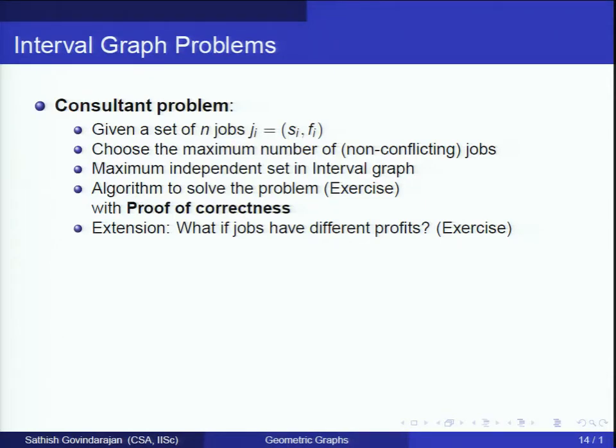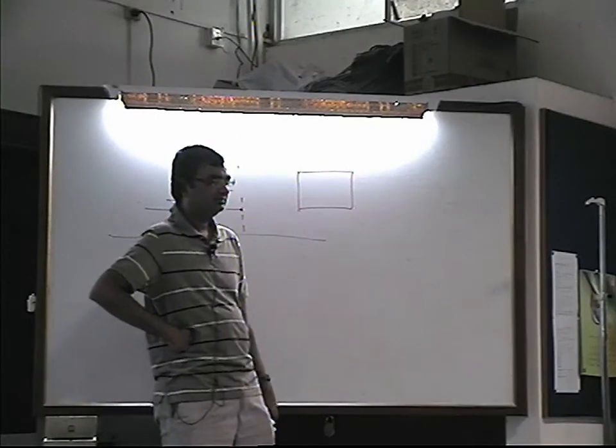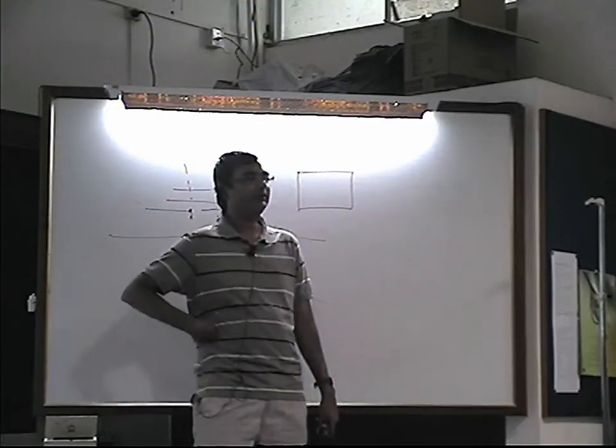There are counterexamples which people have also found. So what do I do? The greedy algorithm is out of the picture. You can't choose the job with the maximum profit or by any other criteria. What do I do? Correct, but how do I solve that problem?